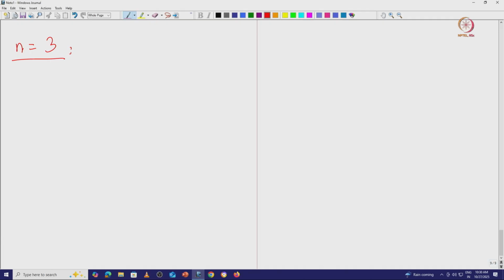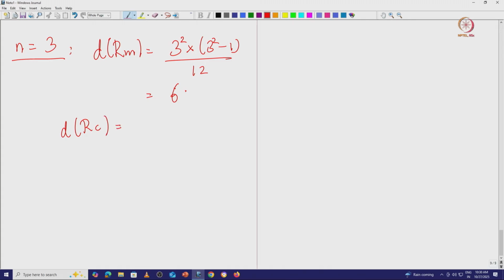So in this case if you compute D of Rm, that is going to be 3 squared multiplied by 3 squared minus 1 divided by 12. So that is 72 divided by 12, which is 6. Also for the Ricci tensor you compute this is just 3 times 4 divided by 2, which is 6.